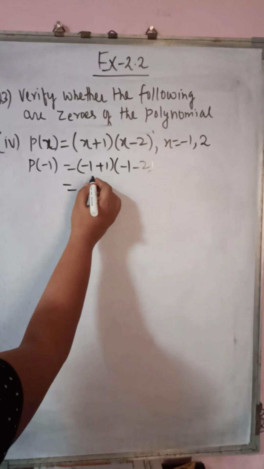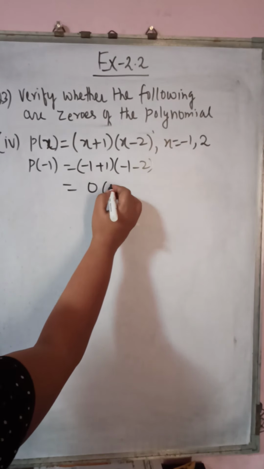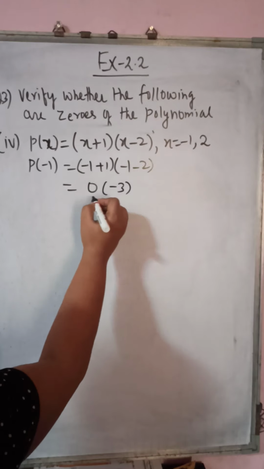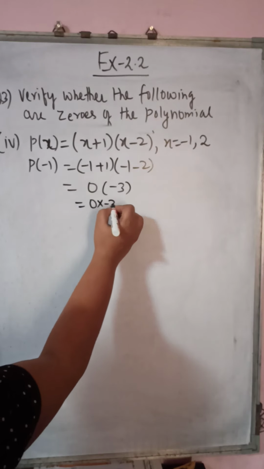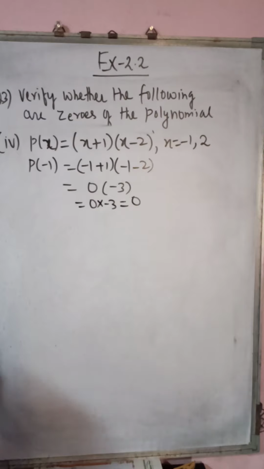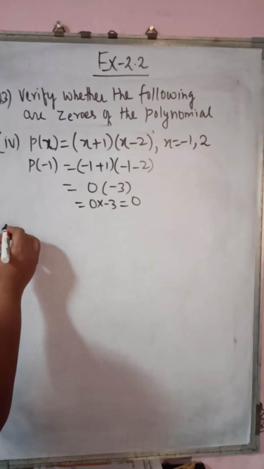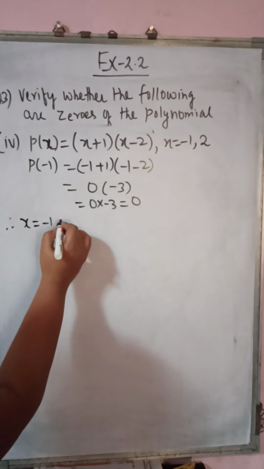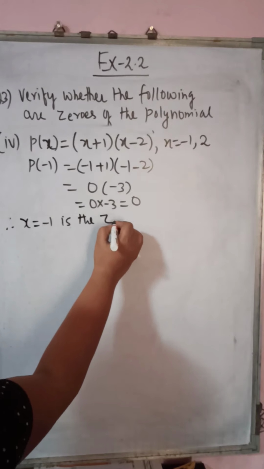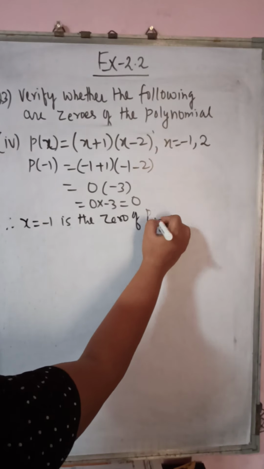So minus 1 plus 1 is 0, into minus 1 minus 2 is minus 3. So 0 into minus 3 is 0 only. Therefore x equals minus 1 is the zero of p(x).